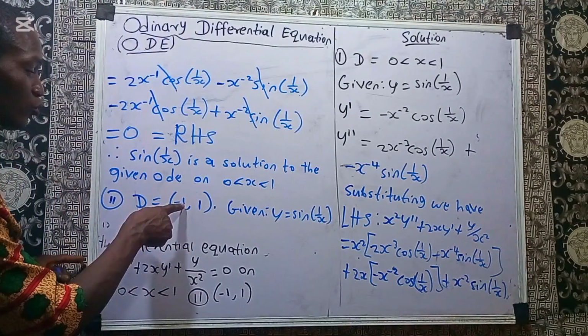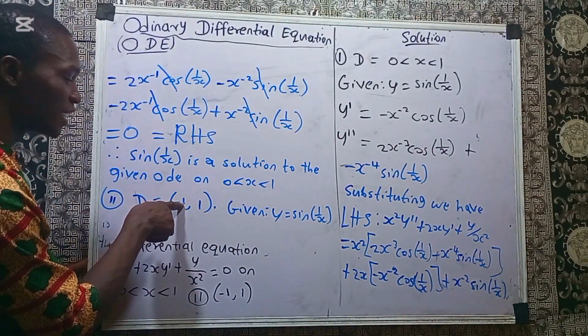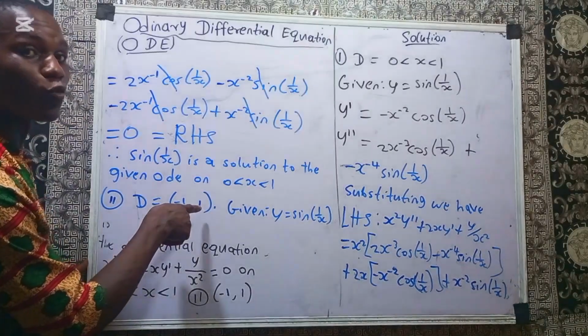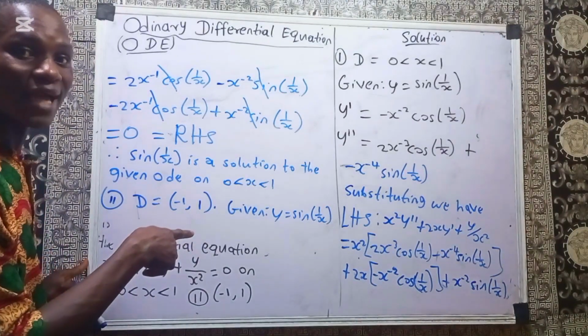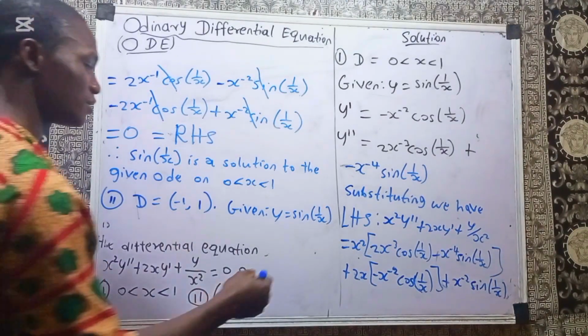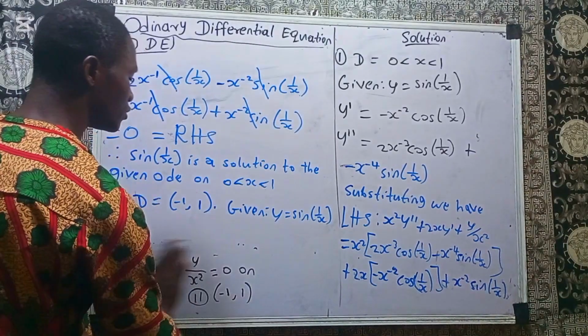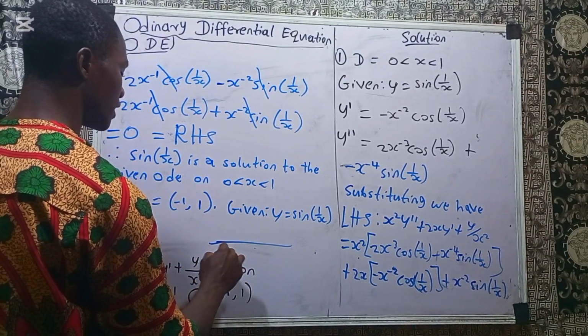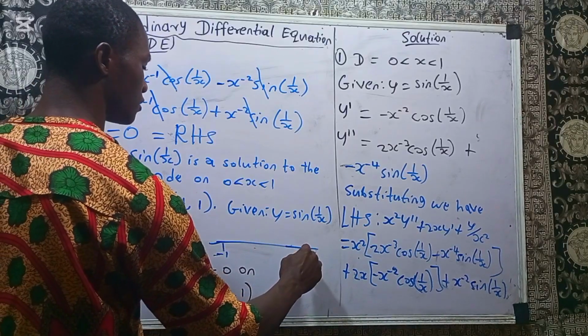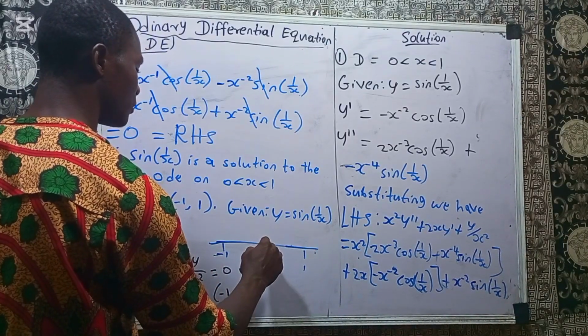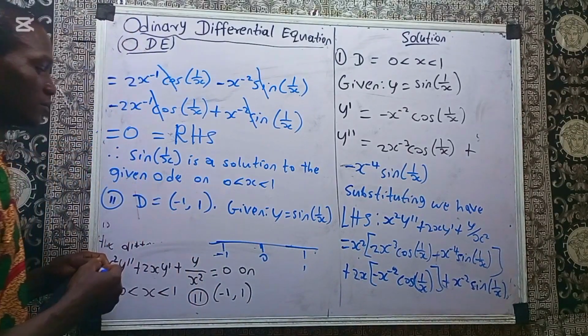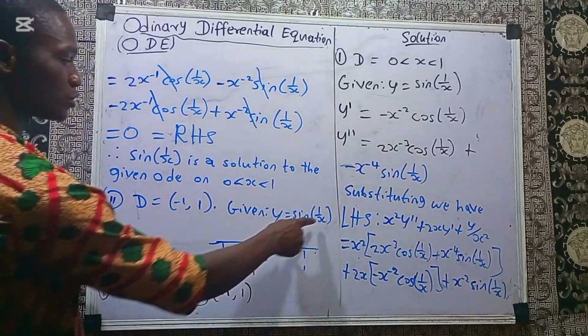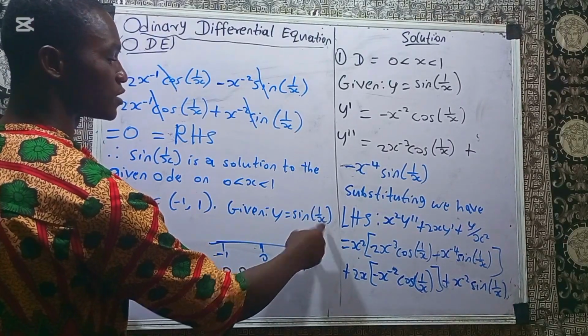So if you look at your domain, numbers from negative 1 to 1 on your real line, 0 is there, right? This is your negative 1, this is your 1. At the middle, 0 is at the middle. And if you put 0 here, 1 over 0 is infinity.